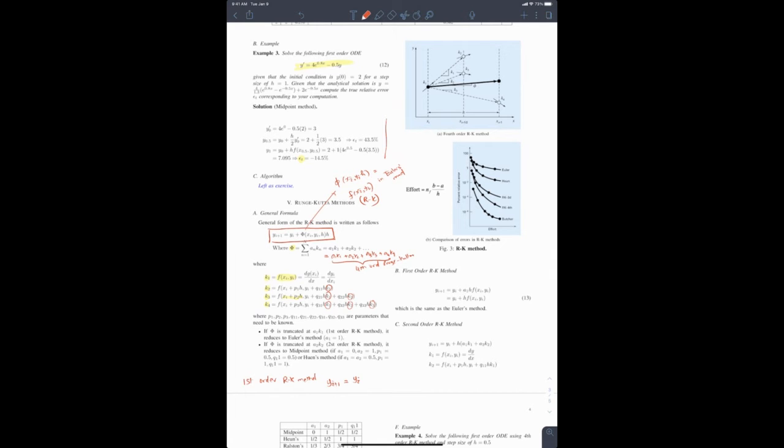For first order, phi is just a1 k1, where k1 is f(xi, yi), times h. And for the first order Runge-Kutta method, we assume a1 is 1. So then it is yi plus h f(xi, yi). So it just reduces to Euler's method. The first order is Euler's method.